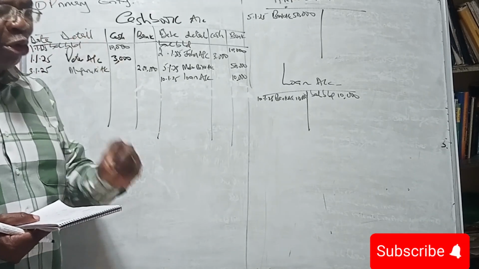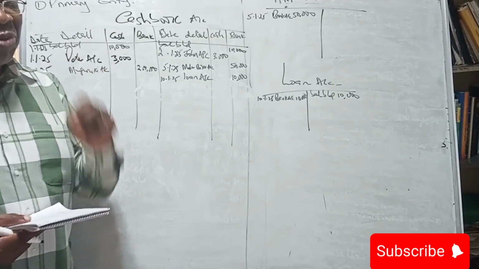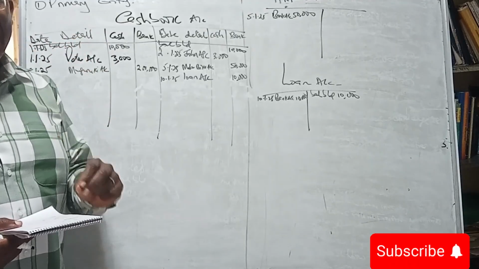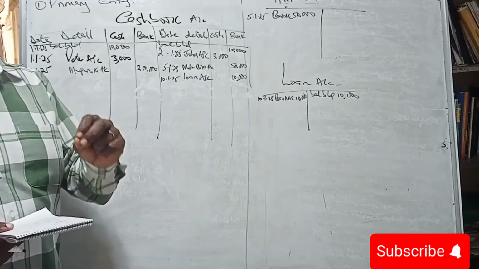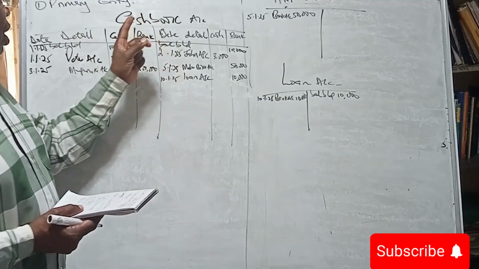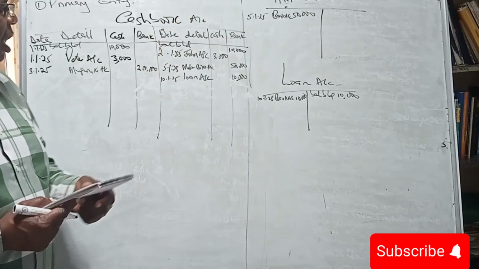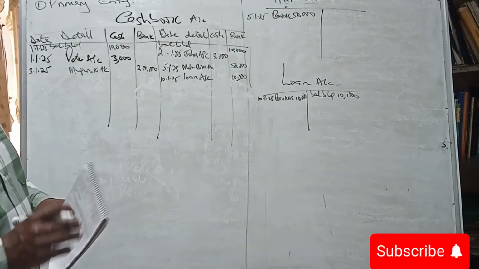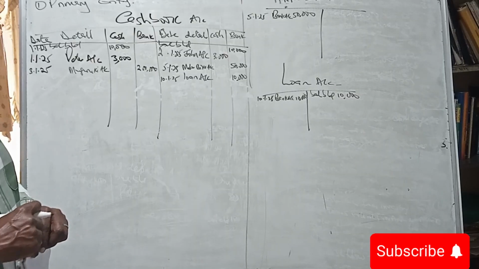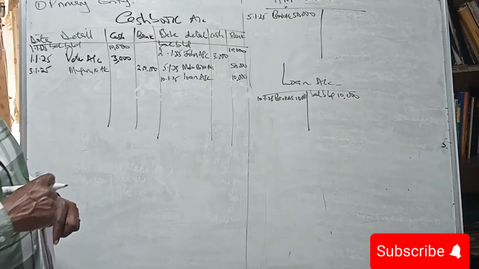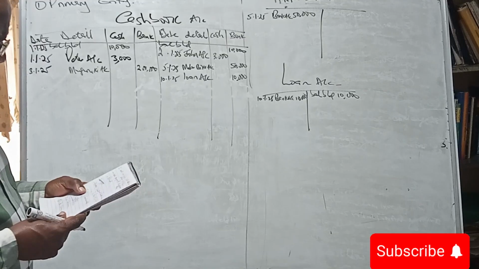Take care to know the opening balances for the bank. Is it credit or debit balance? If it is a debit balance, bring it to the debit side. If it's a credit balance, bring it to the credit side.